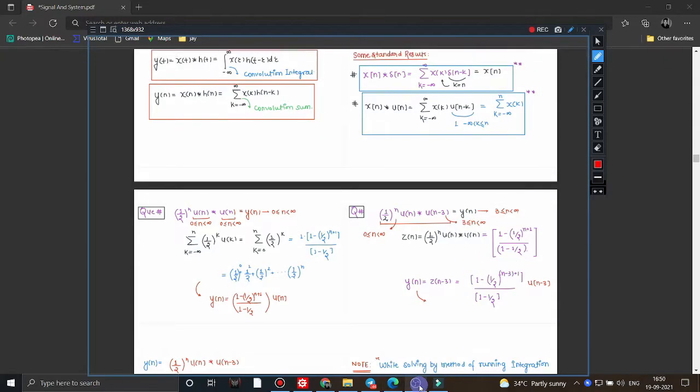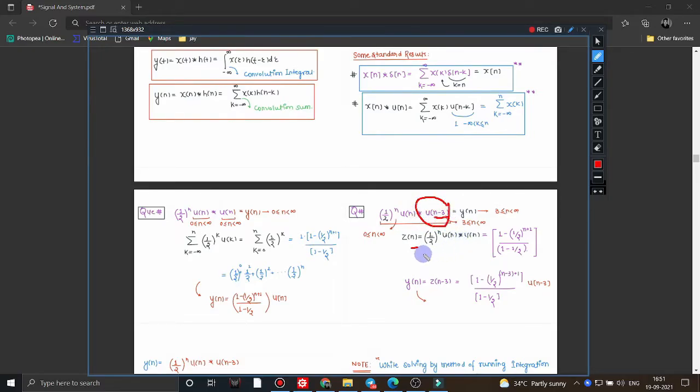What we are doing here is, as we know, if we take the convolution of any function with u[n], we get the running summation of that function. So due to that fact, we make a new function z[n] which is not shifted by three units.